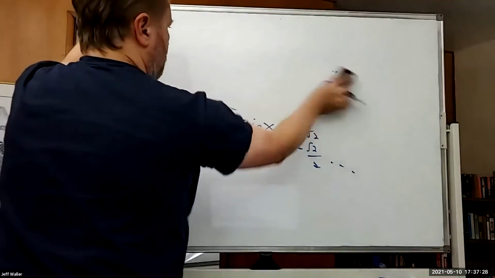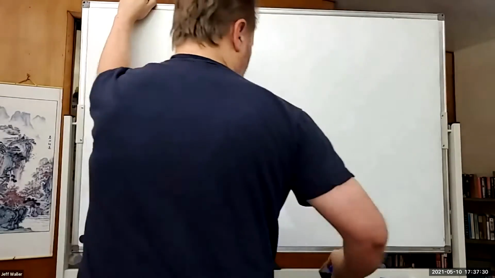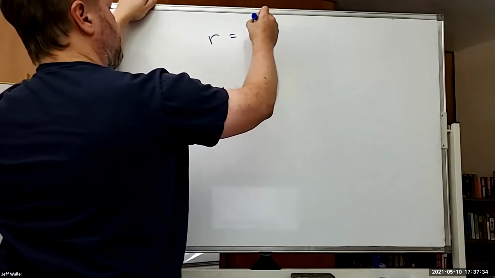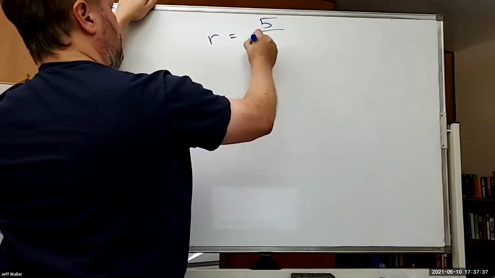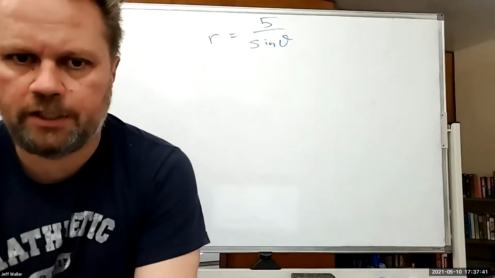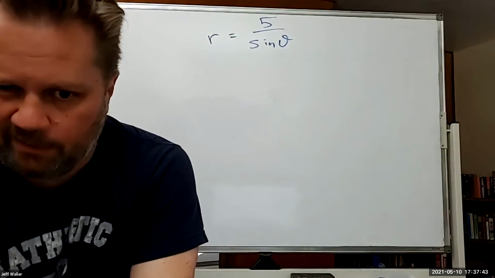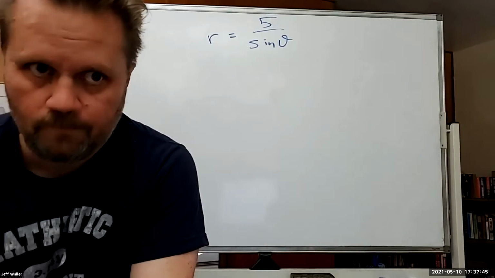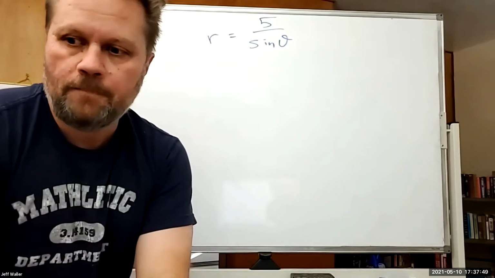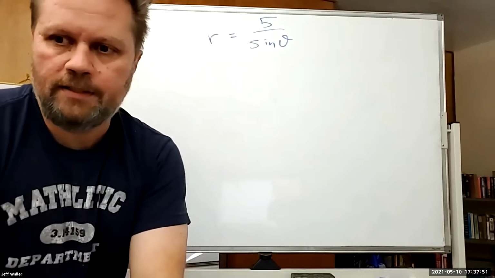it? Number 6 is kind of related to what we just did. If I had this, how would I try to change this into rectangular? What do you wish was sitting next to the sine?